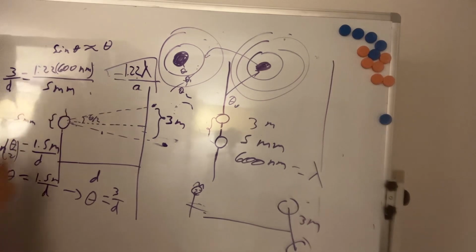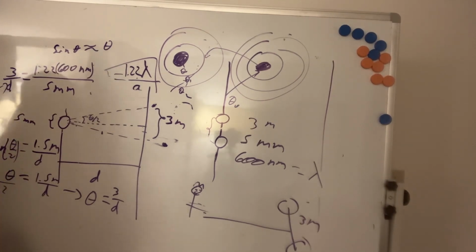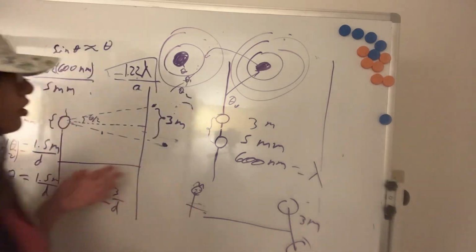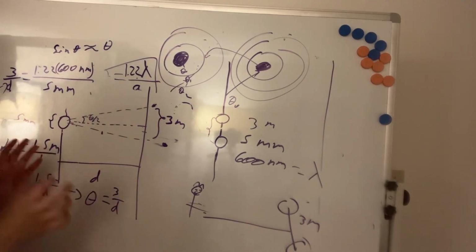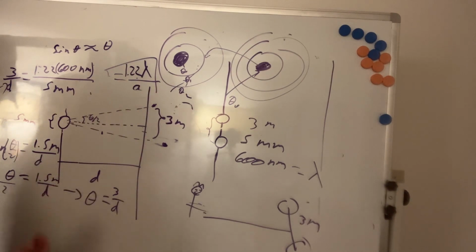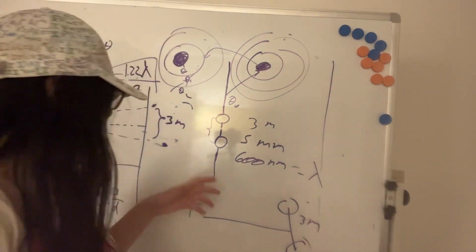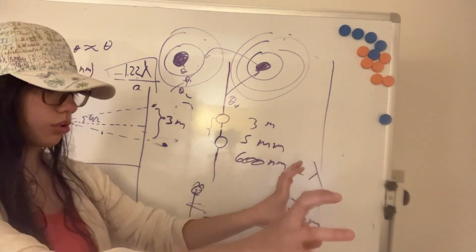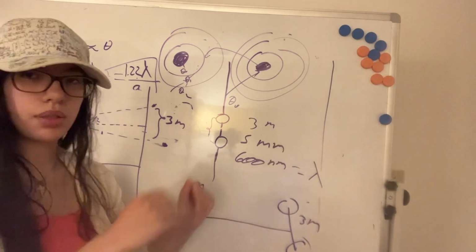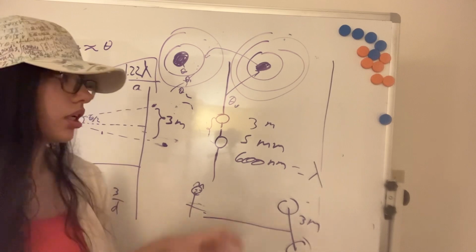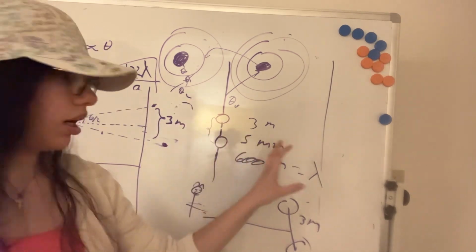And now we just need to find D. I will leave you with the arithmetic. So this is how we can know the angular distance from the sources, the minimum distance at which we can distinguish them, and the minimum distance from the given 2 sources with a fixed separation at which we can distinguish that 2 sources are emitting the light.